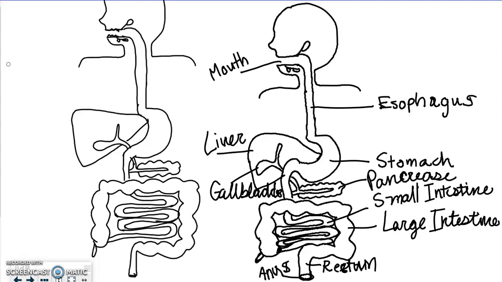And the salivary glands up top. Well, doesn't want me to write it very nicely.